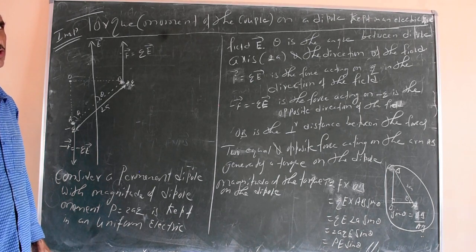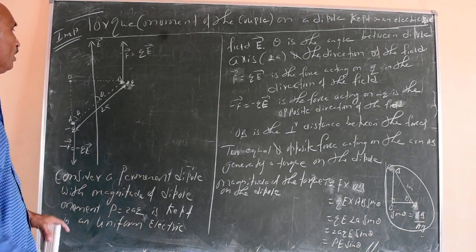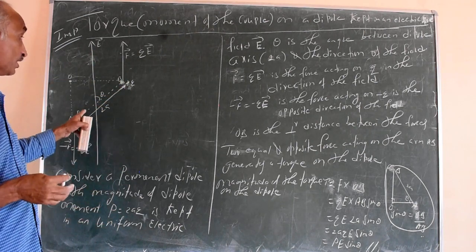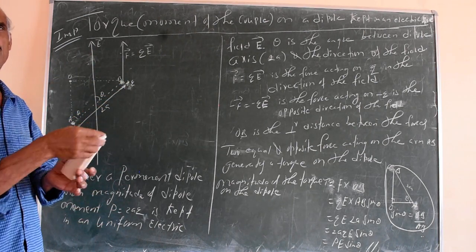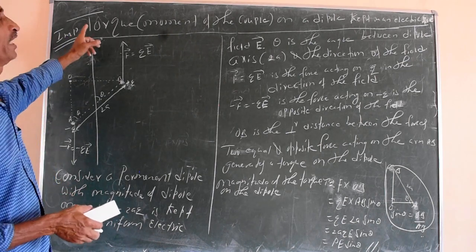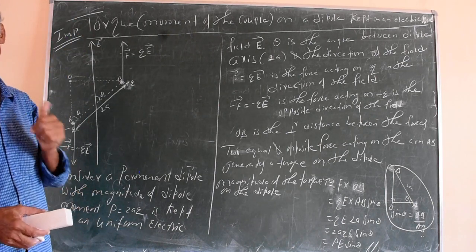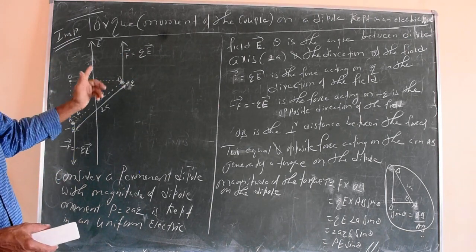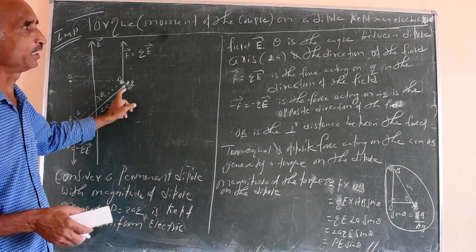So they constitute a couple. This couple rotates the dipole, and the rotational effect is called torque, so there will be a torque on the dipole. Why torque on the dipole? Because two forces are acting on the charges of the dipole, plus q and minus q.